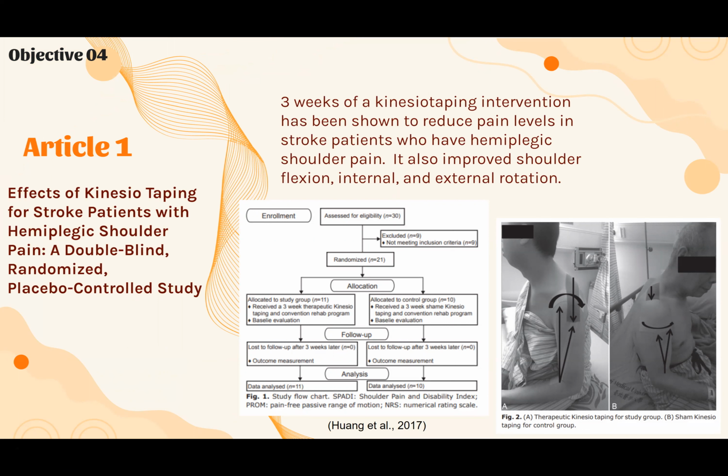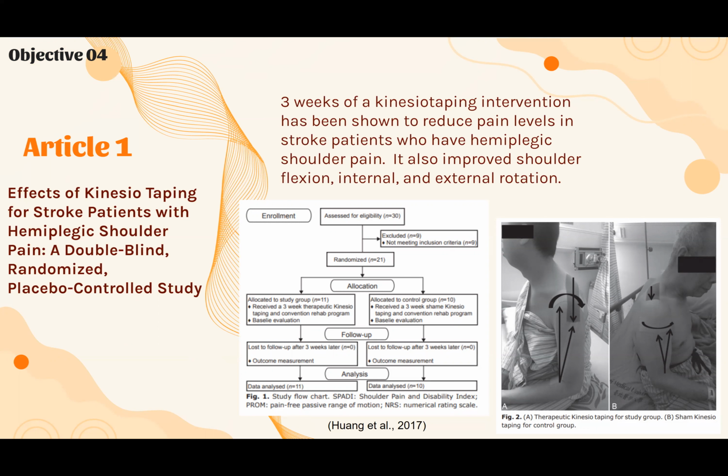A double-blind, placebo-controlled clinical trial was conducted by Huang et al. in 2017 to investigate the effects of kinesio taping for stroke patients with hemiplegic shoulder pain. A total of 21 stroke patients with hemiplegic shoulder pain that began within 6 months following their stroke were included in the study.